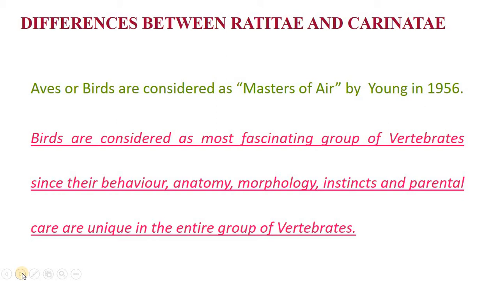Like for example, nesting behavior or mating behavior or singing behavior, or marking the territory, alarm calls and the singing calls, or whenever this mating happens. So there is the anatomical internal features and the morphological external features and instincts.